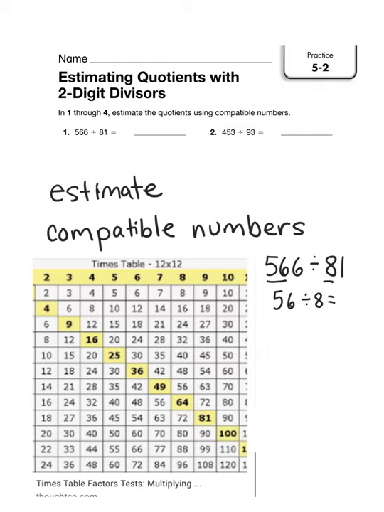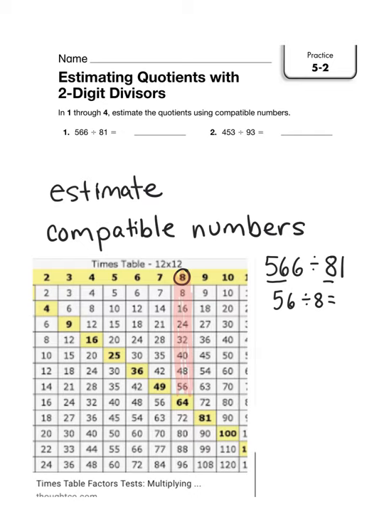It is not necessary for you to have every single multiplication fact memorized in order to be successful at this, although that would definitely help, and I want you to study your multiplication facts. But this is why I'm saying if you don't have them memorized right now, get a multiplication table and that will help you.